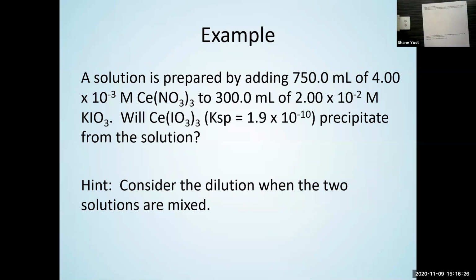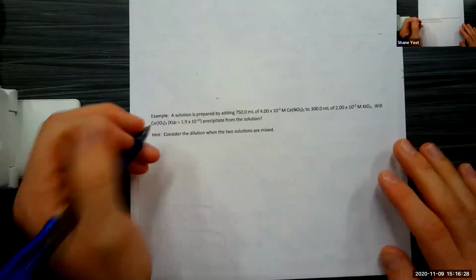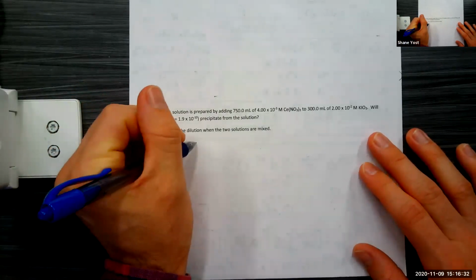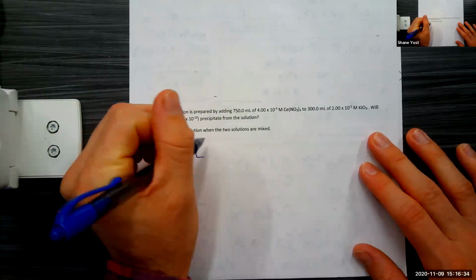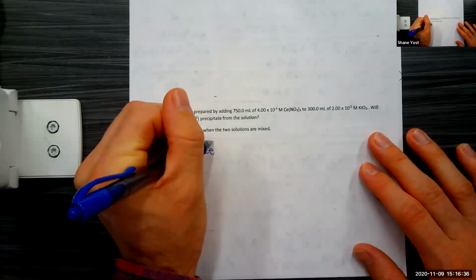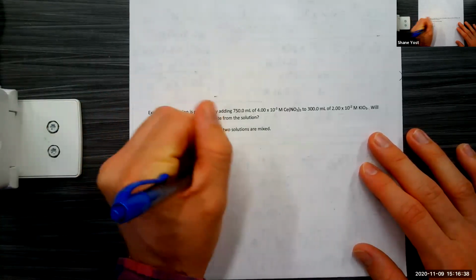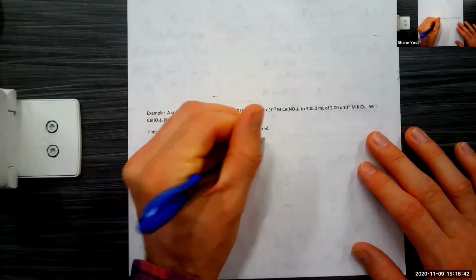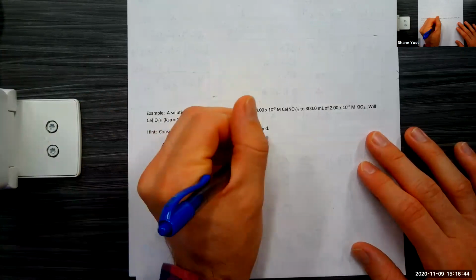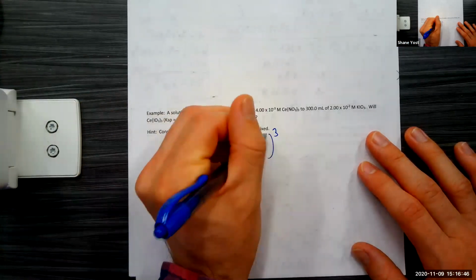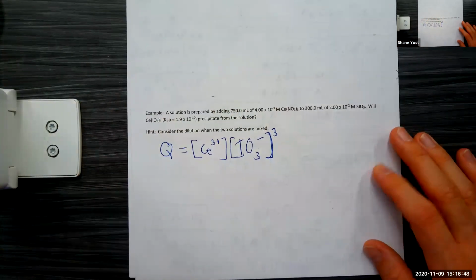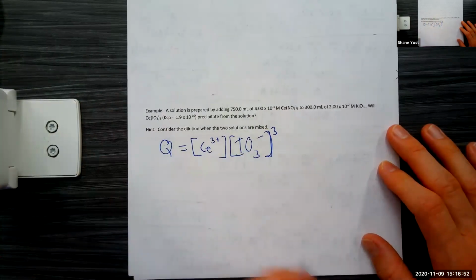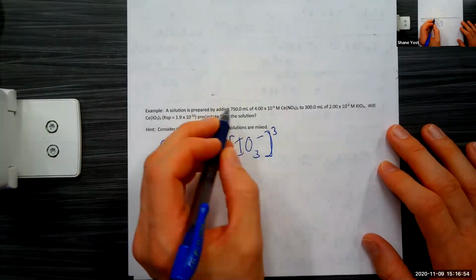For this, what I'm interested in is what is Q. Q means the concentration of Ce 3 plus times the concentration of IO3 minus, cubed. Now in this problem, we're mixing two solutions together, and different volumes are being added.